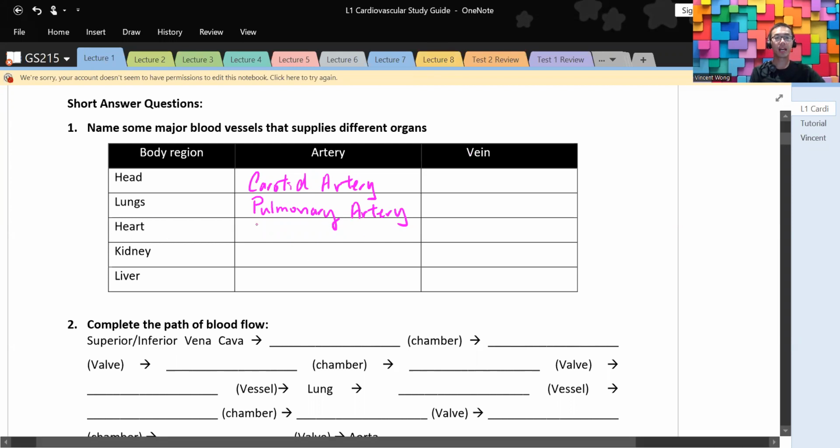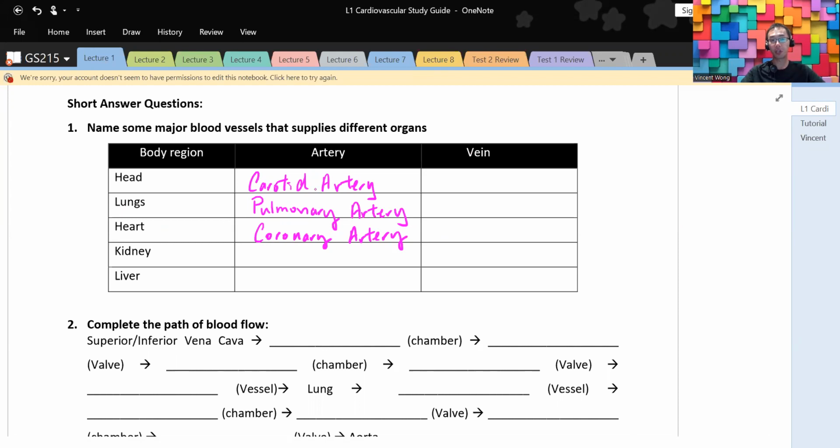For the heart, we have the coronary artery. If you block one of these coronary arteries, you might have a heart attack, or you might experience chest pain or angina when you physically exert yourself.